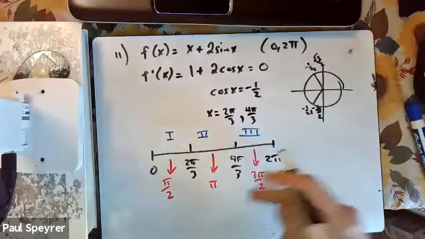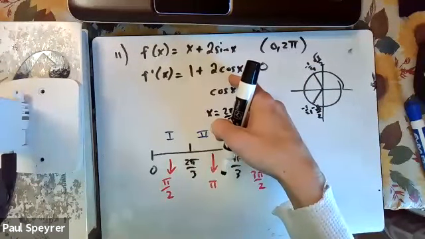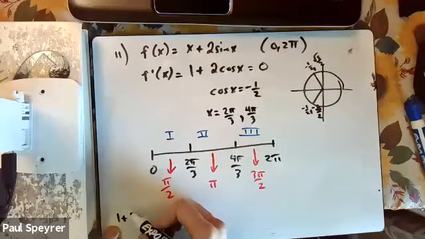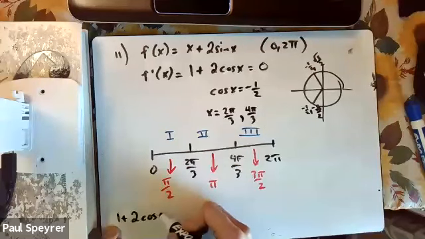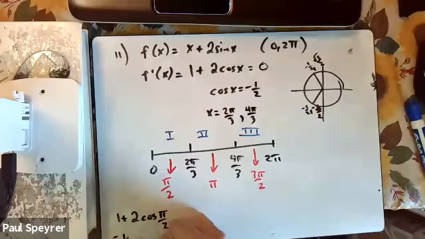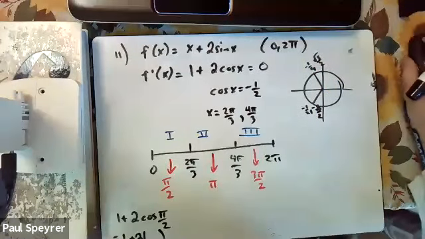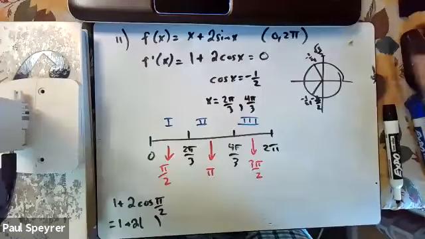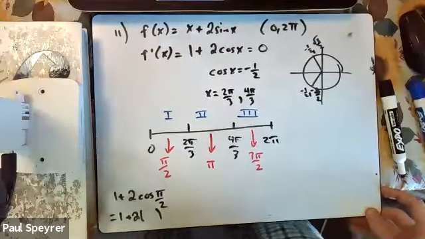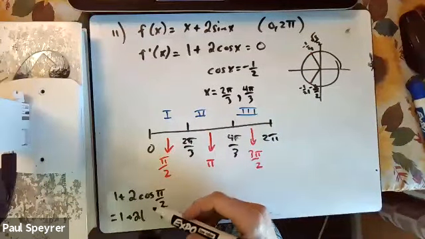So let's plug these values in, right? Where are we going to plug them into? The first derivative. And we want to see, do we get a positive result or a negative result? So this is 1 plus 2 cosine of pi over 2.